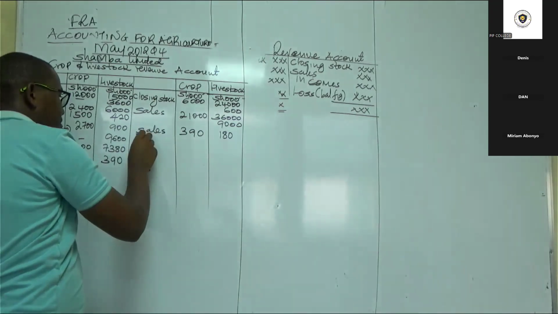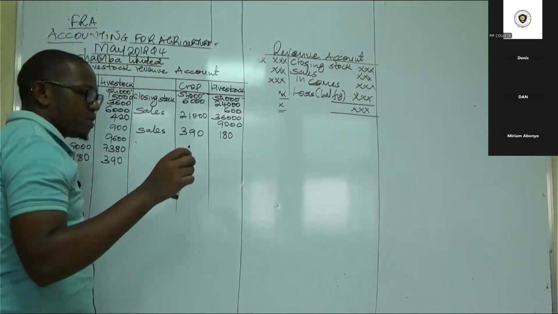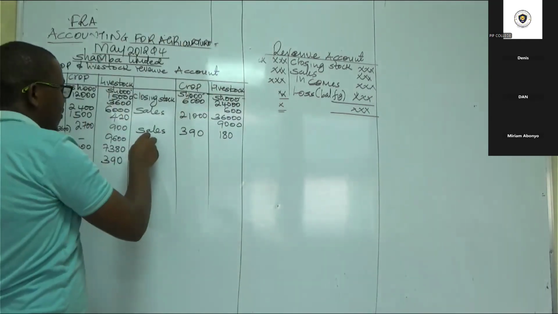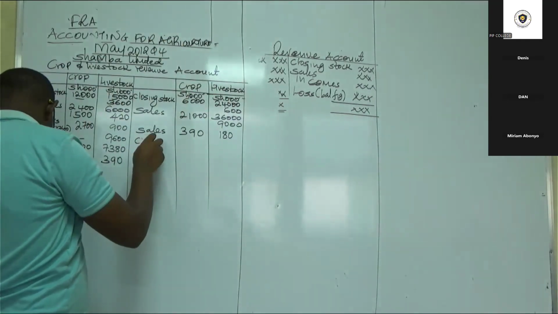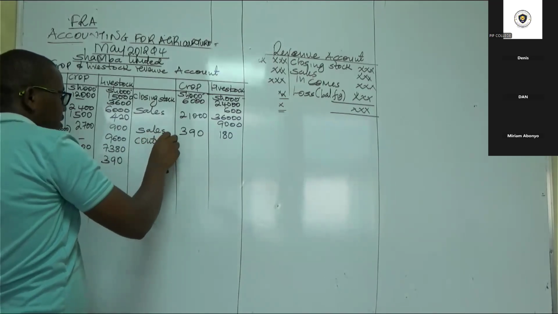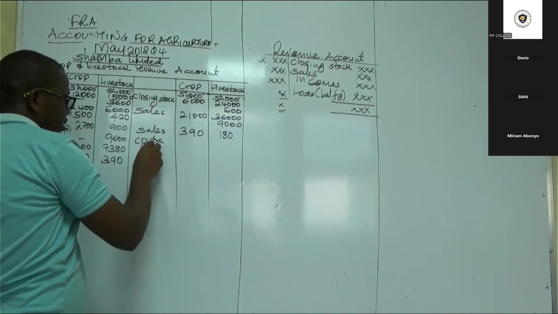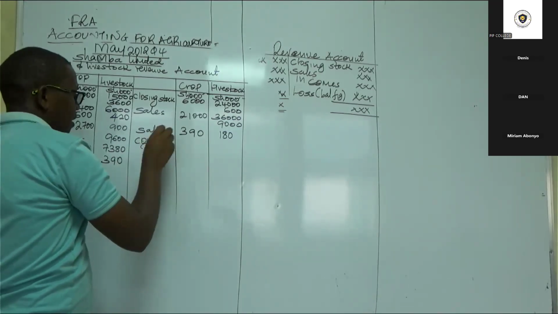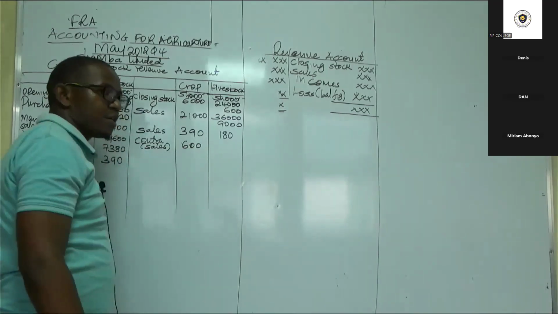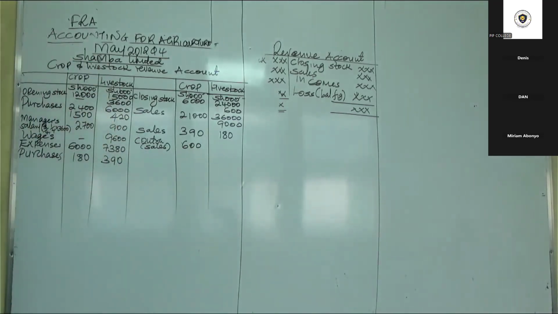So this is the crops. We've said that they are the crops consumed, and this is what I said is the contra entry. Let me just call it the contra, which is of sales. I will have it was for crops 600, right? That was how.